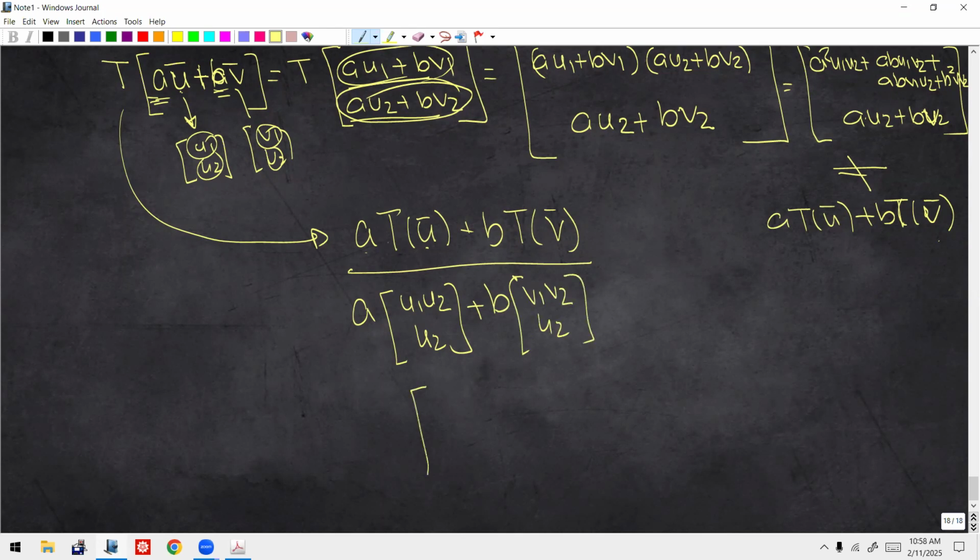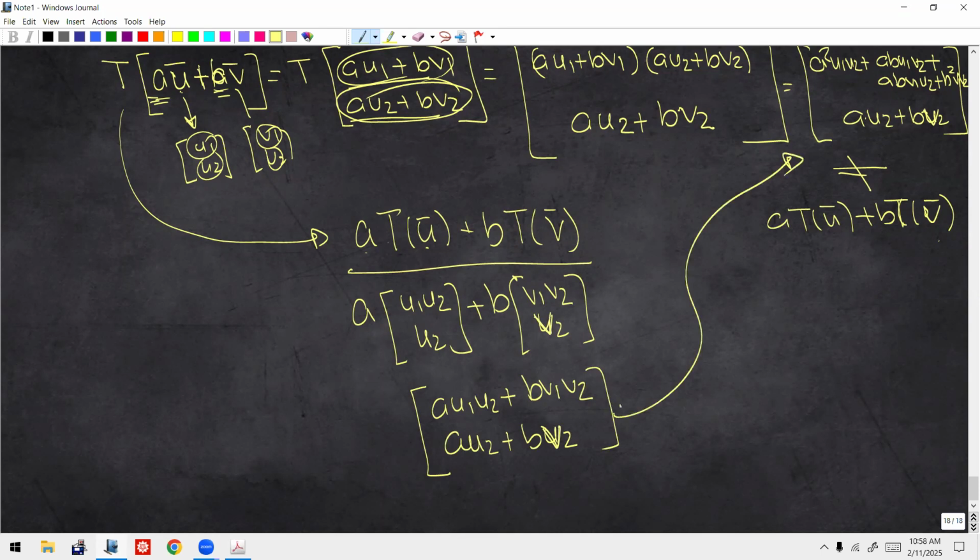So if you add them up, I'll get A U1, U2 plus B V1, V2. I'll get A U2 plus B V2. Is this equal to this? No, because that's what this is equal to. Do you follow? So they're not equal, so this is not a linear transformation.